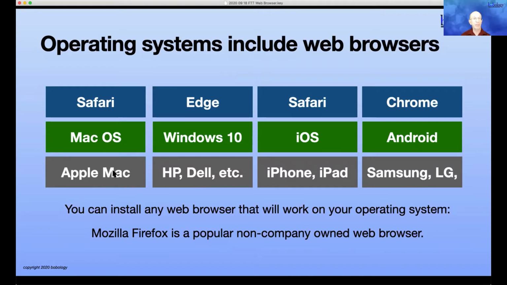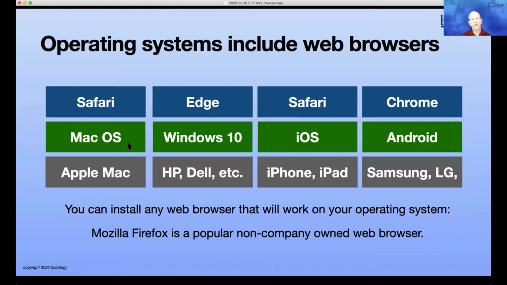But on top of Apple Macs runs Mac OS. And on top of HP, Dell's, etc., runs Windows 10. On top of your iPhone and iPad runs iOS. And on top of your Samsung or LG phone or tablet runs Android. So these are different features that take place in different layers.